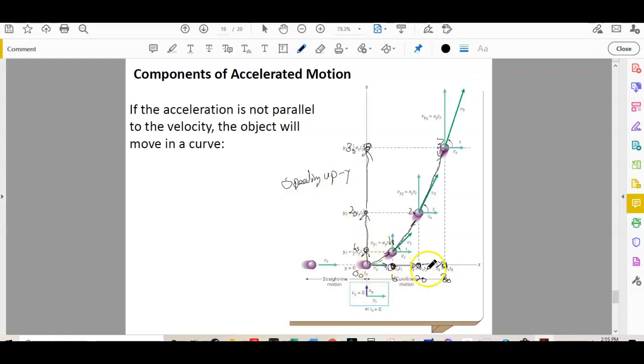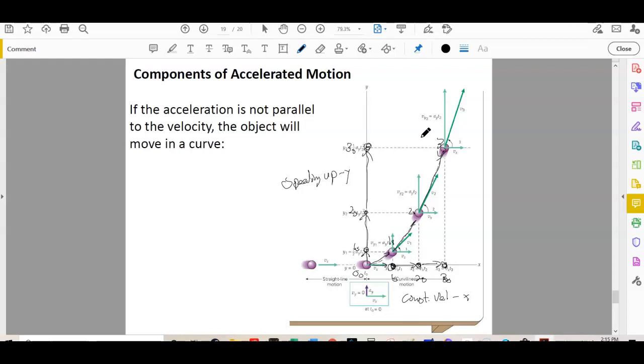But if you look at these dots here in the x direction, it's a constant velocity in the x direction, right? So if you're turning your car and you're accelerating as you turn, it's possible to actually have a constant velocity in the x direction because this vector is increasing only in the y direction, right?